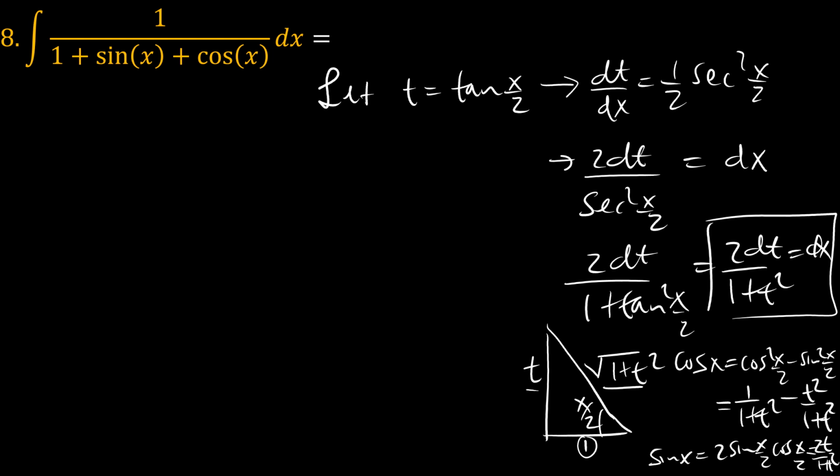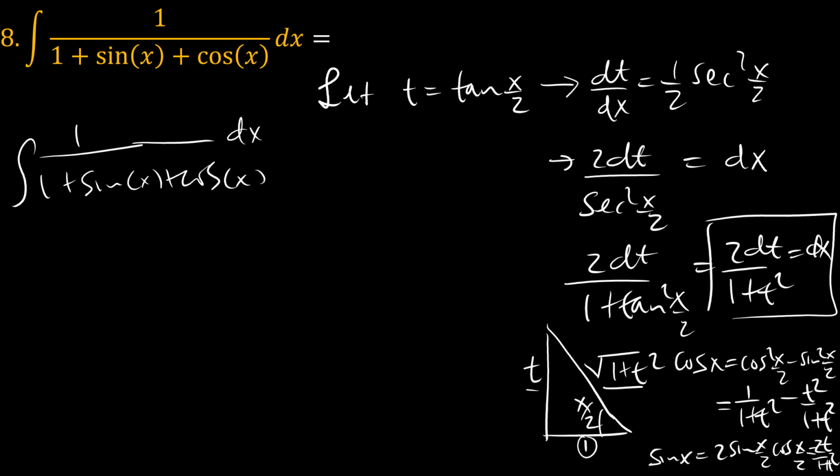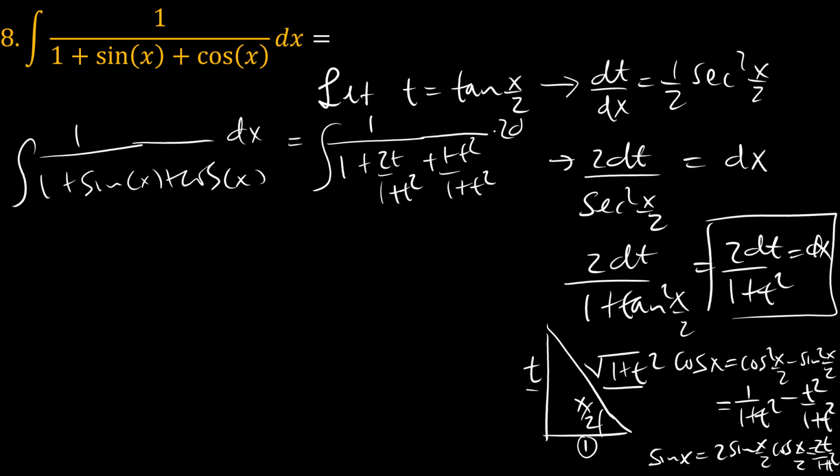So therefore our problem, the integral of 1 over 1 plus sine x plus cosine of x, is equal to 1 over 1 plus 2t over 1 plus t squared plus 1 minus t squared over 1 plus t squared, and then dx is 2 dt over 1 plus t squared.